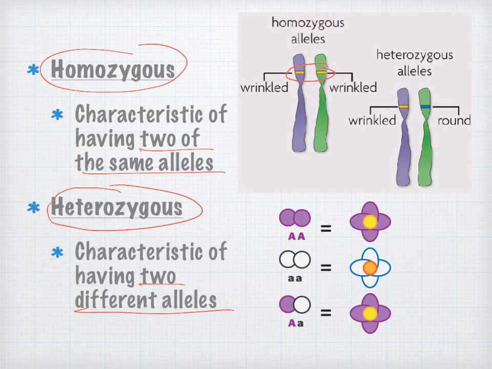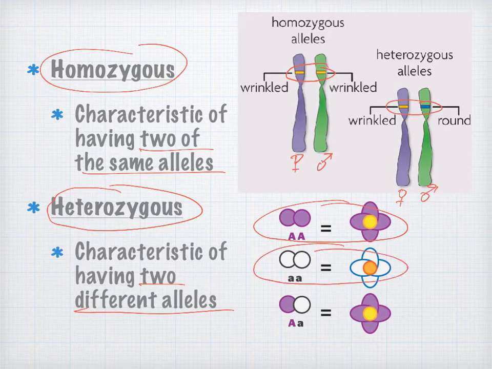Heterozygous, one is wrinkled and one is round. One of these came from mom, one came from dad. Same thing here, one came from mom, one came from dad. Just like this, this is homozygous dominant. This is homozygous recessive, and this is heterozygous.